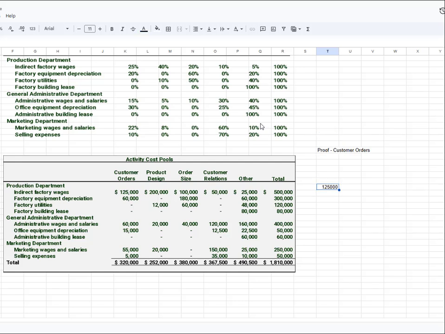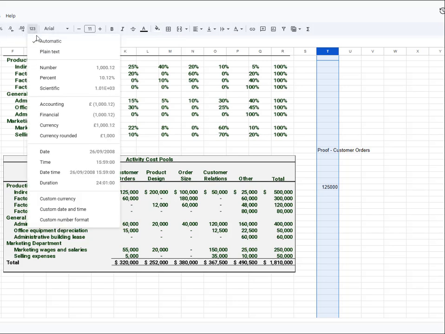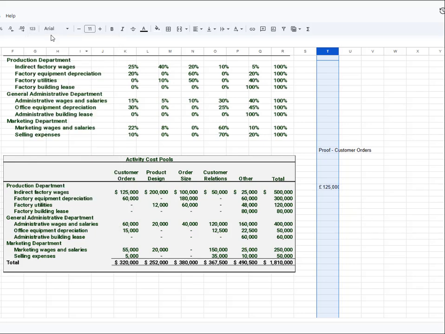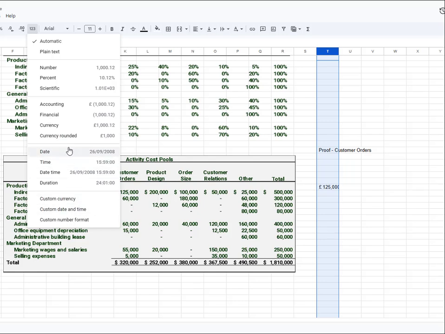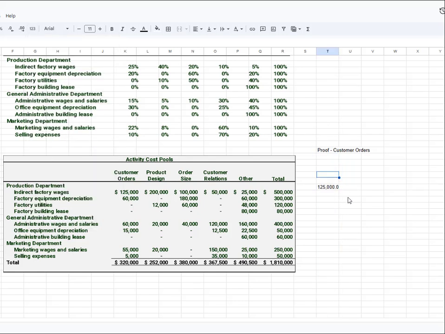Great. And I have 125 and they have 125. Fabulous. So far, so good. I know no marks for pretty, but let's see some commas. Okay, seeing some commas.